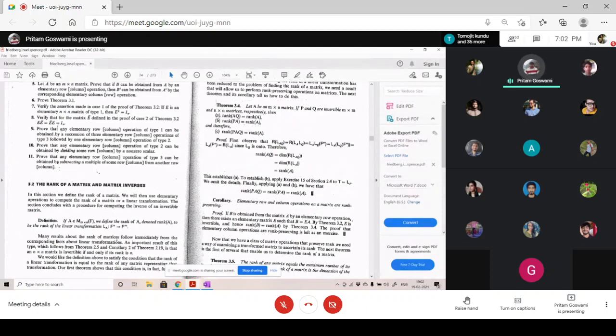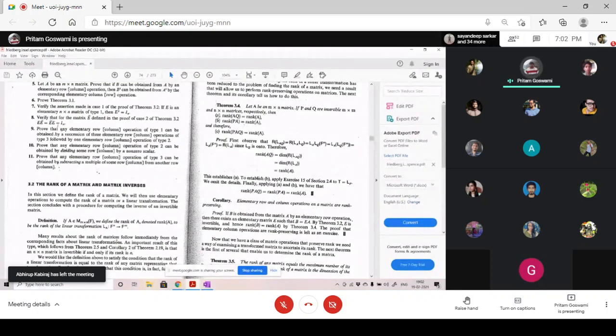I have defined rank for you in the previous class in linear transformation. It is the dimension of the range space.